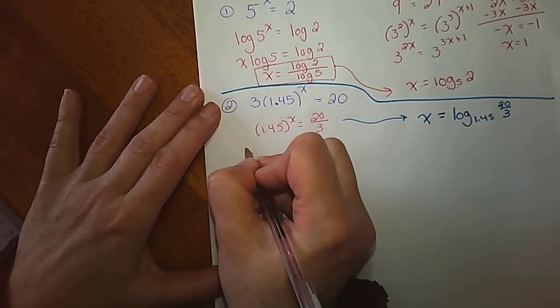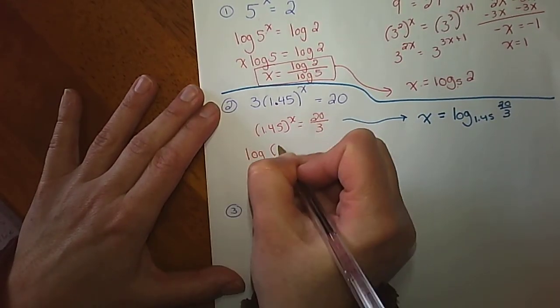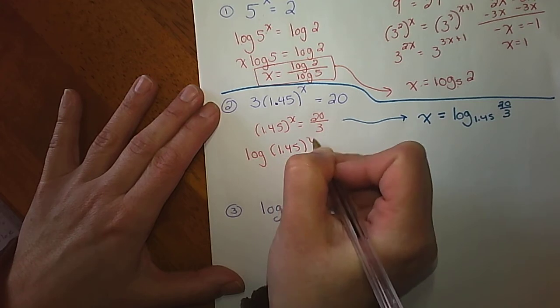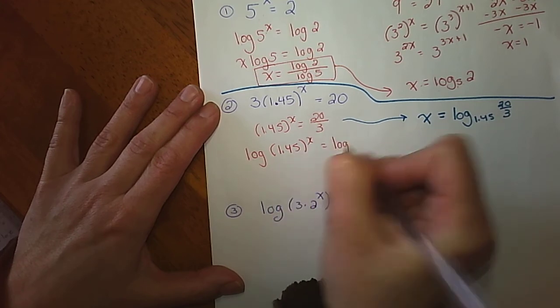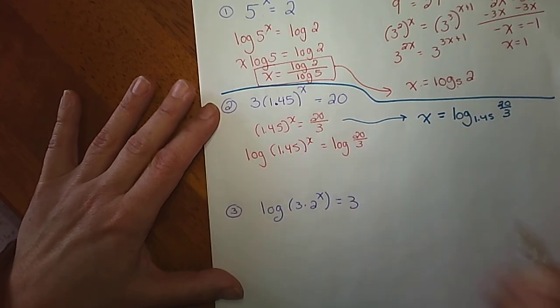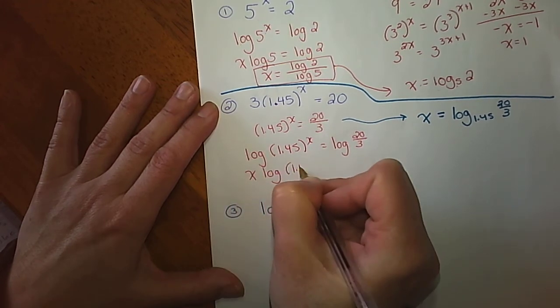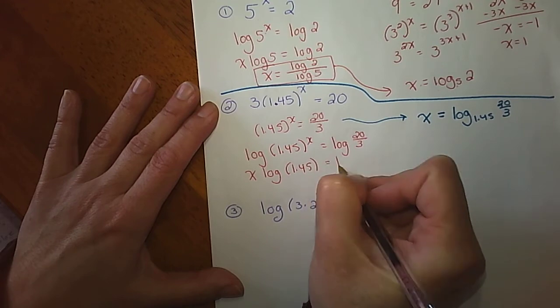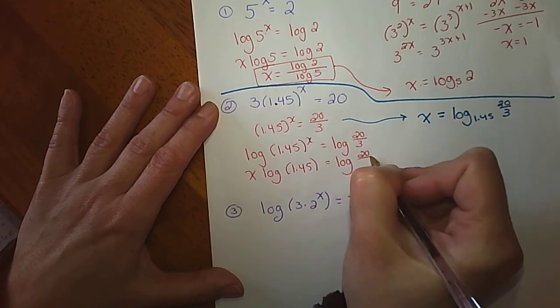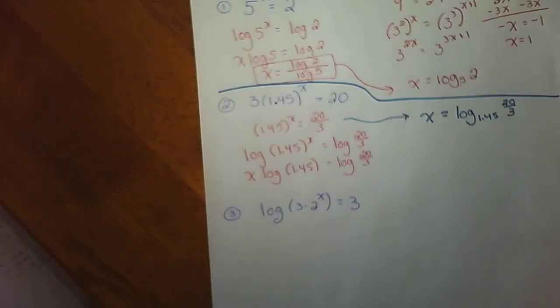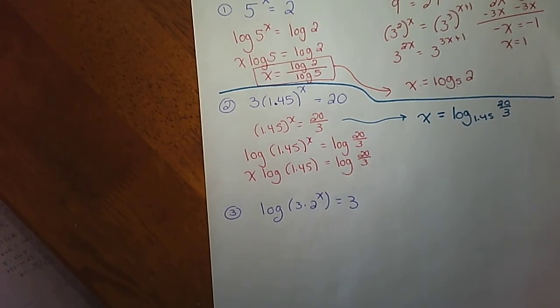Or we can log both sides. So you get log 1.45 to the x equals log 20 over 3, right? x falls down in front using our properties. So I have x log 1.45 equals log 20 over 3.